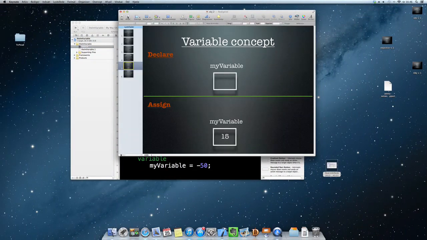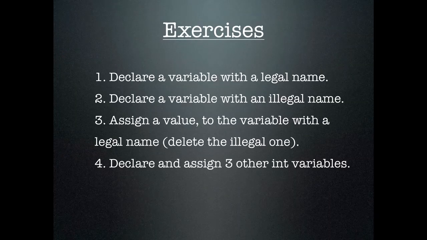And I'm going to finish off by giving you a few exercises. The first exercise is that you should declare a variable with a legal name. And remember, declaring a variable was the first of the two steps involved in making a variable. So a legal name, and you decide which kind of name you want it to be. And then after that, I would like you to declare a variable with an illegal name.